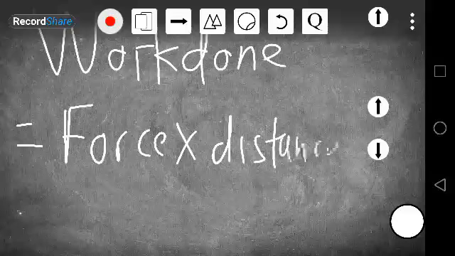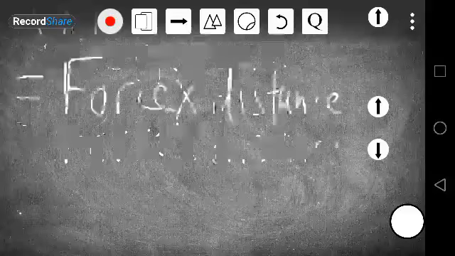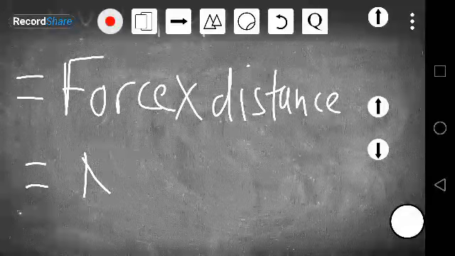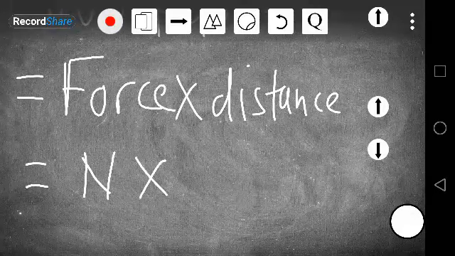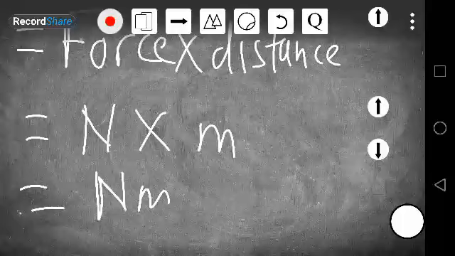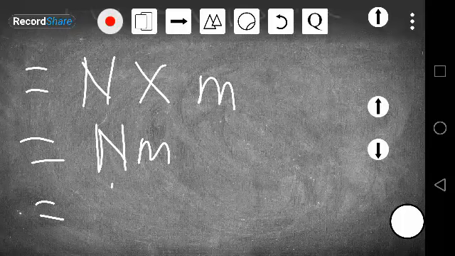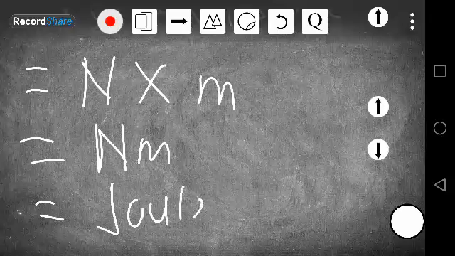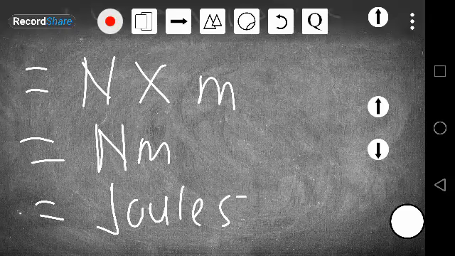So it's the force applied times the distance moved, of which force is measured in newtons, distance in meters. So force times distance will give us a unit of Newton meters, which is the same as joules. Remember, energy is measured in joules. Okay?